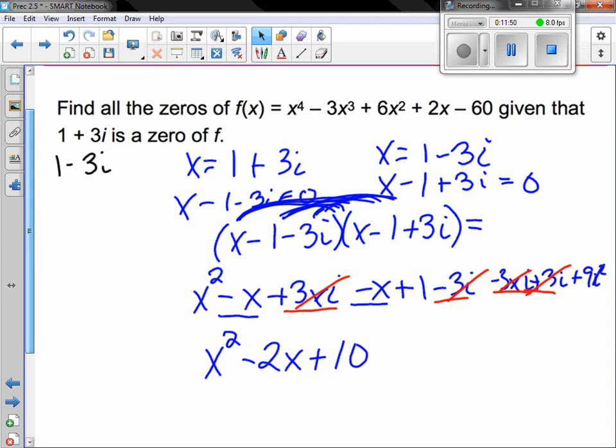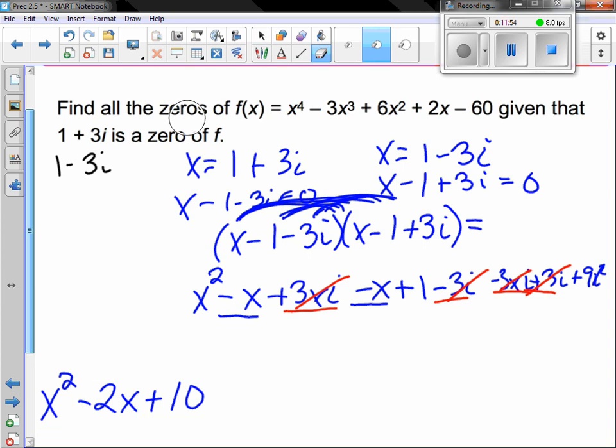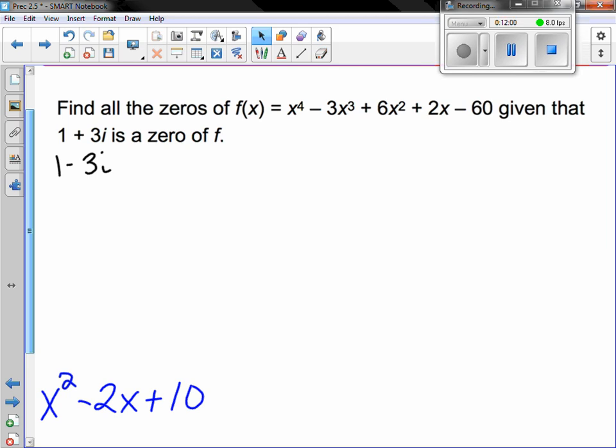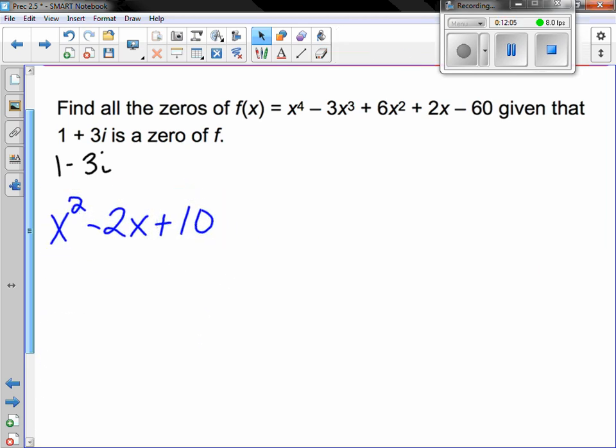So we did all of this here really to say that this here is one of our polynomial factors. I'm going to erase this here just so I have the room. So we have this here. I'm going to use it to solve for the rest.